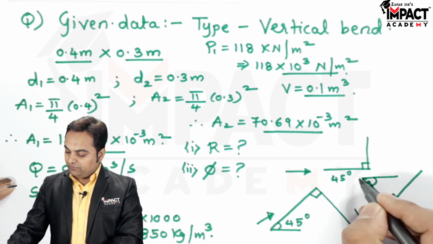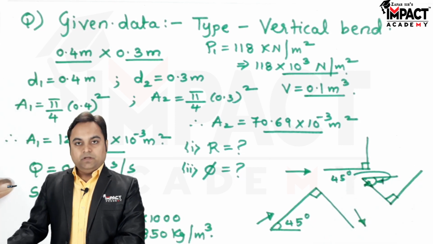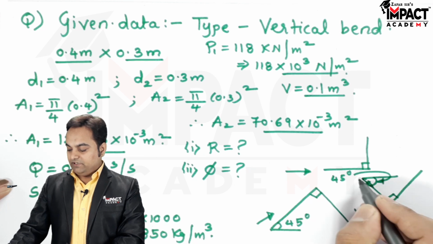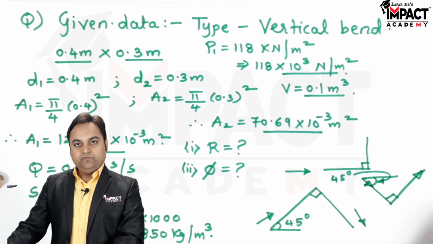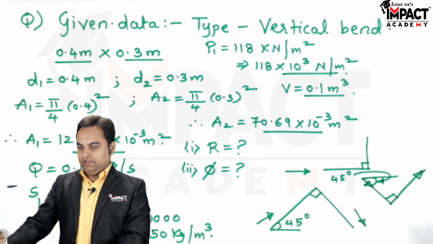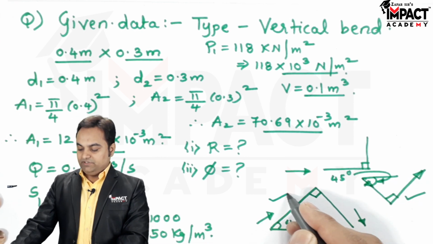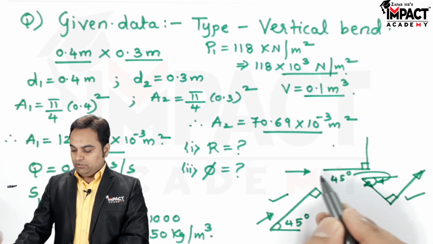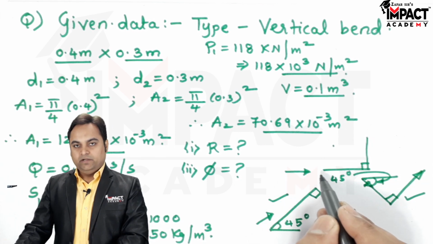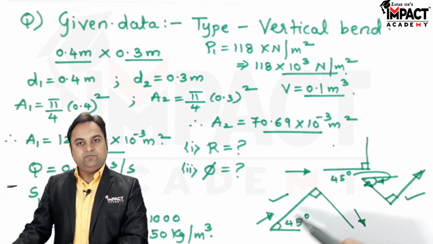Here the angle is 45 degree, and the water is entering from here, that is from top to bottom, and leaving or exiting at this end. So we can draw the bend either in this condition or this condition. We cannot use the first condition because in it the water is entering horizontally, but they have said that water should enter at 45 degree.